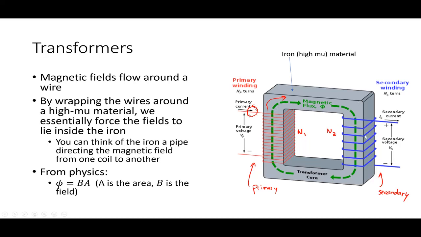Now, the primary reason for doing this is what we call Faraday's law. Faraday's law basically says that if I have a changing magnetic field passing through a coil, so if I have a coil like so, and a d flux by dt passing through that coil, then there will be a current induced in that wire.